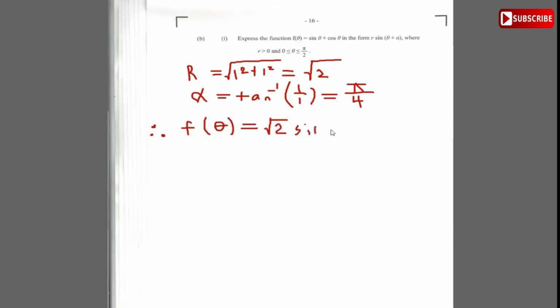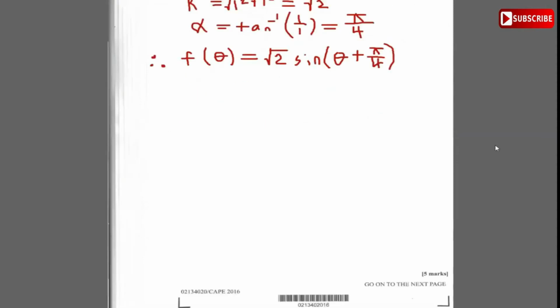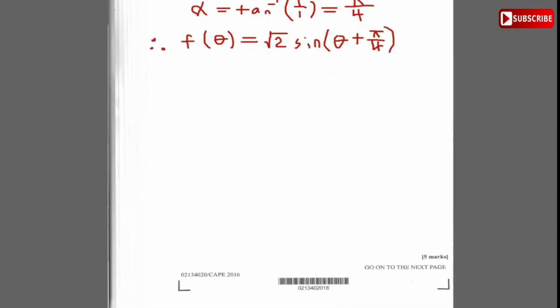So it's root 2 sine theta plus pi by 4. That's f of theta. Nice and easy, and that's an easy 5 marks.